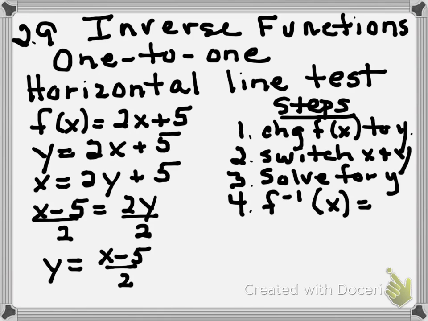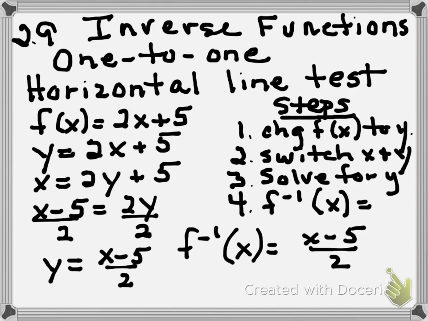And step 4 is to write your final answer in inverse notation. So the inverse of f of x is equal to x minus 5 over 2. Or you could split it up and write this as 1/2 x minus 5/2. It's the same thing.